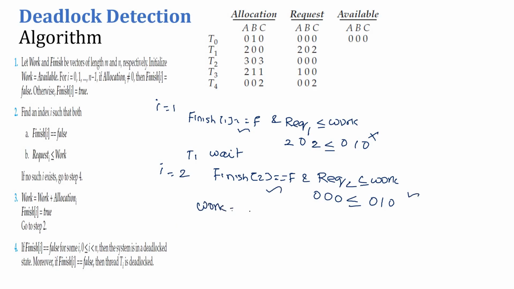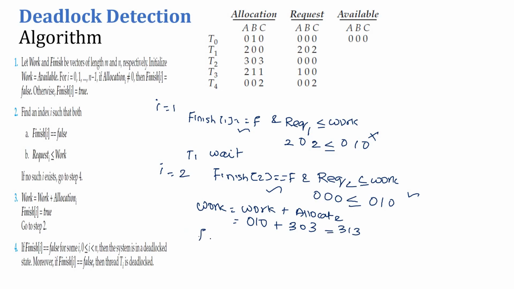Now work equal to work plus allocation of 2. So now the work value 010 plus allocation of 2, 303, so the work value becomes 313.